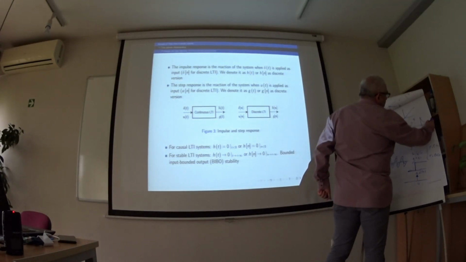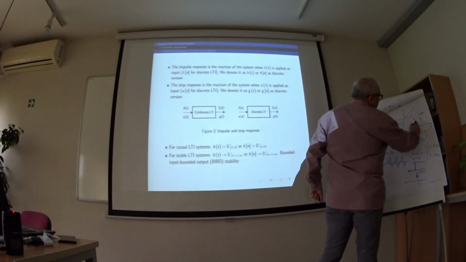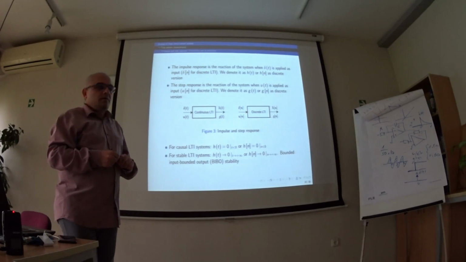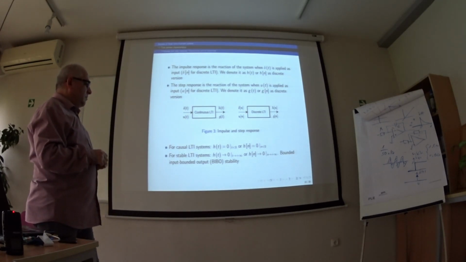If this is our impulse response, this is for a causal system, because here we have 0. We have a reaction at time greater than 0.